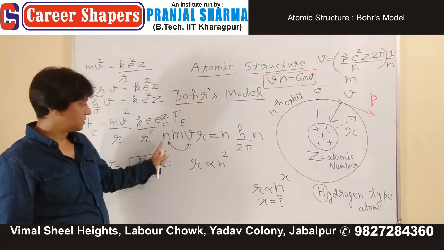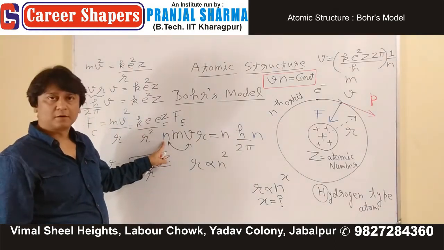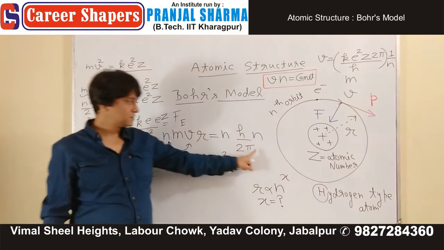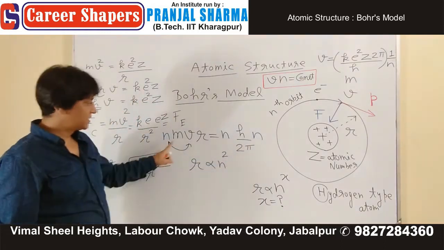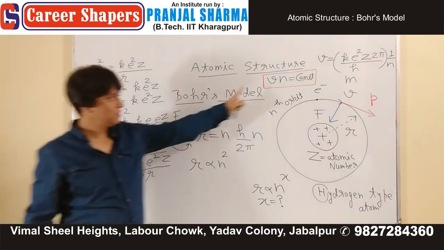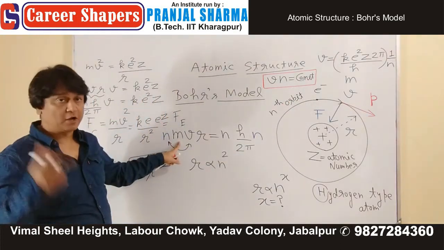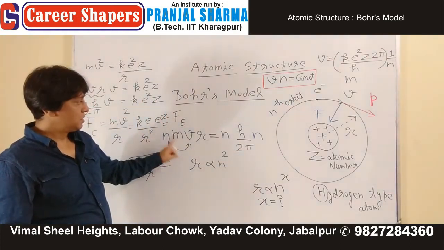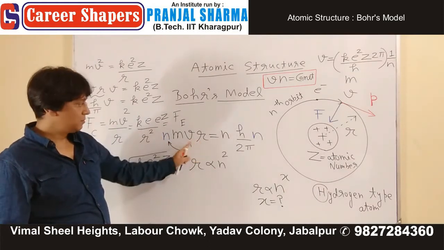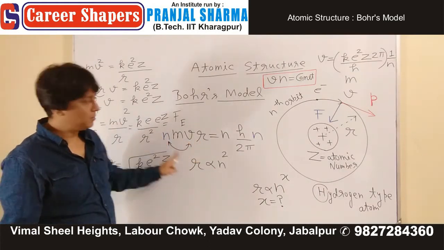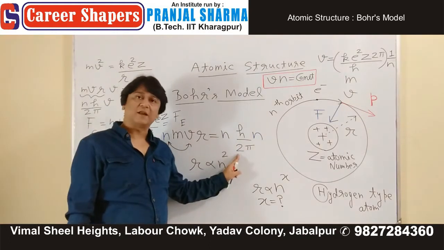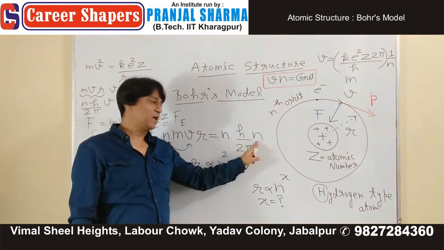Listen again. I multiplied N both sides. This gives us V multiplied by N, which is a constant. Mass of electron is already a constant. You're left with R multiplied by a constant number. h upon 2 pi is another constant number. This is N square.